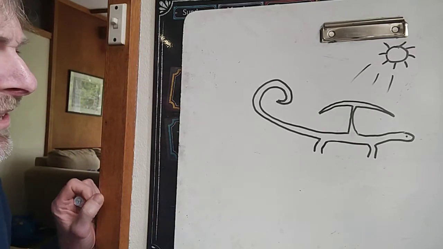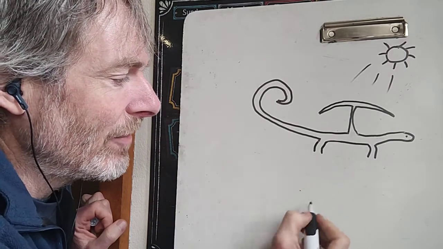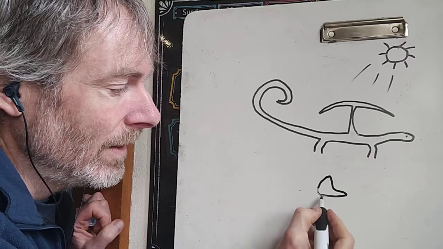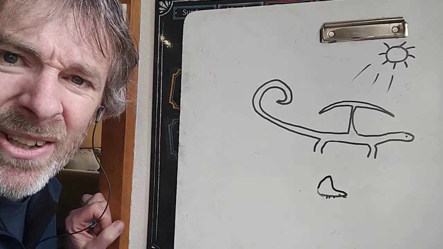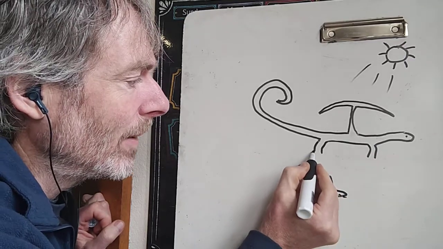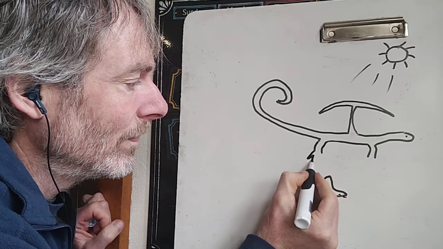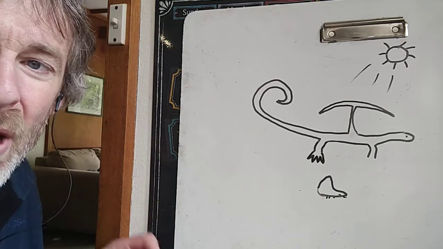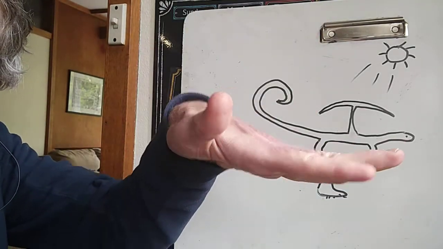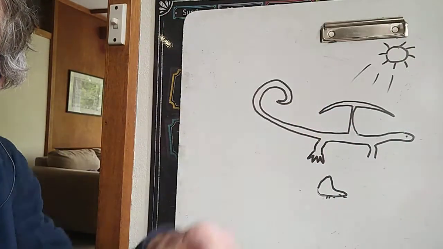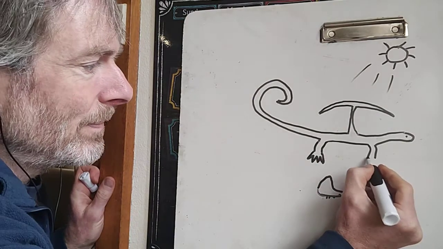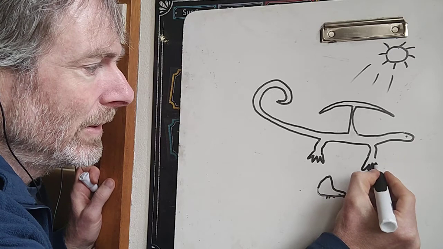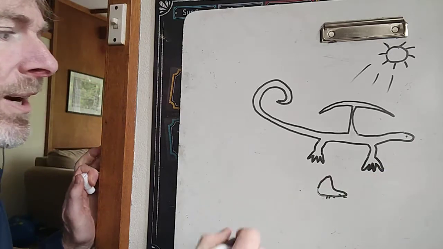Instead of having feet that sit flat on the sand, maybe my animal will just walk on its tiptoes. So instead of the whole foot touching the ground, just little points will touch the ground.